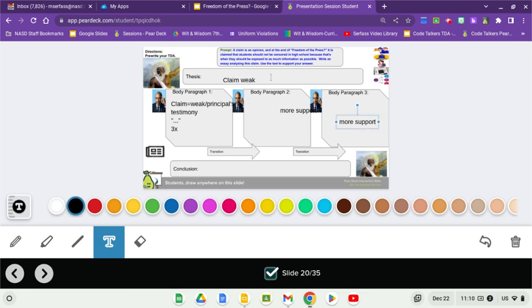Okay? That means in the thesis, the principal's testimony is one body paragraph, but it'll have to have a second and third quote from the story in separate paragraphs. And then this same information will go down here, right? That analyzing the claim, and then, 3 quotes. Okay?